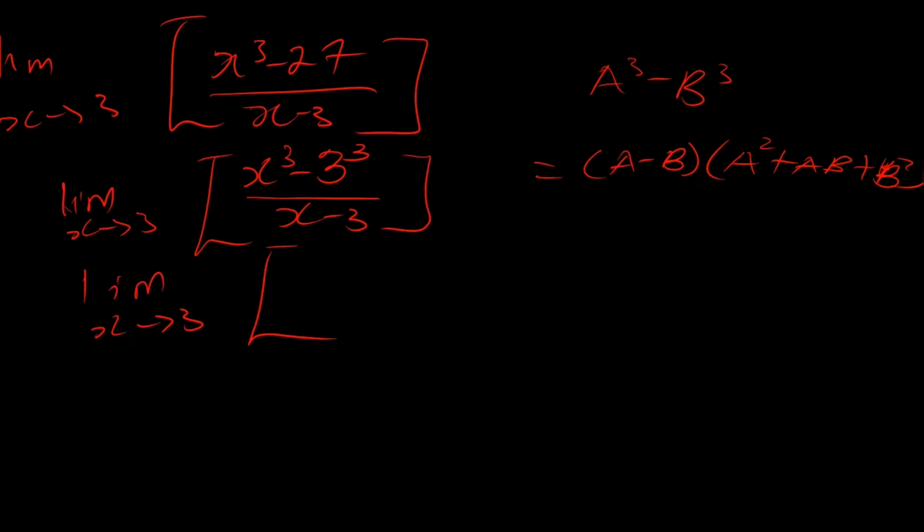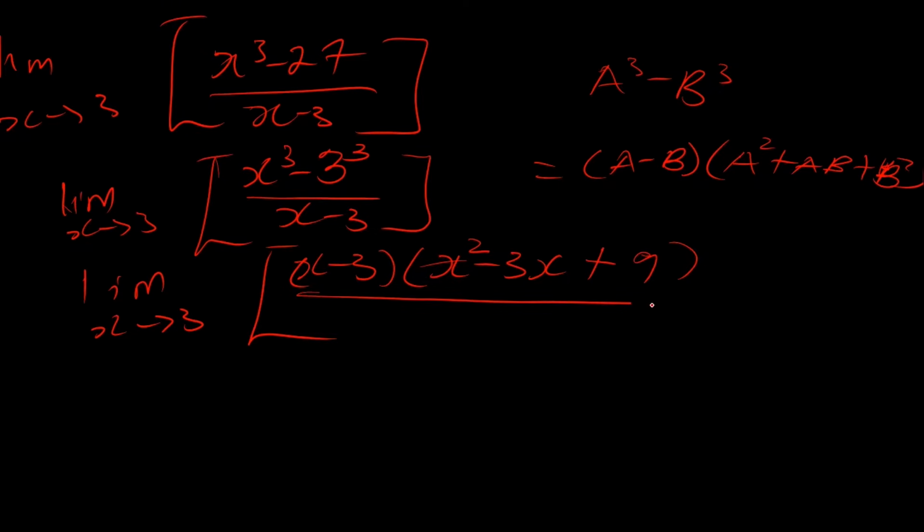So expressing this as a difference of two cubes, you can get x minus 3 multiplying the expression x squared plus 3x plus 9, all over x minus 3. Yes, when you express this as a difference of two cubes, this is what you are going to do.